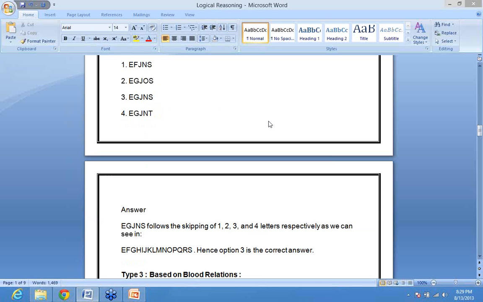Deepak Singh, please check. See, the question says you have to skip the first, second, third, fourth letters. Okay. So after E, G would come. After G, you'll have to skip H, I and J. See, these questions are very easy, and they just need meticulousness.